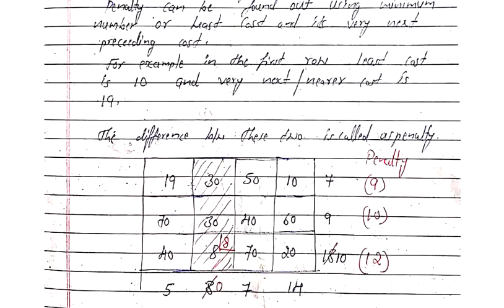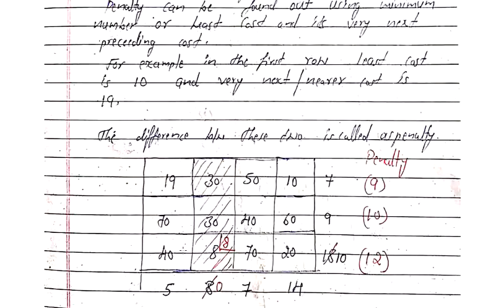The difference is 19 minus 10, which is 9. So 9 is our penalty. Write it over here. In the second row, 70, 30, 40 and 60, the least cost is 30 and the very next cost is 40. So 40 minus 30, 10, is the penalty.